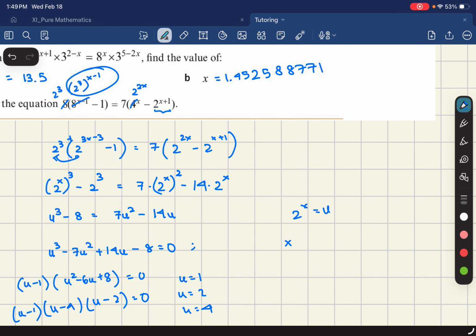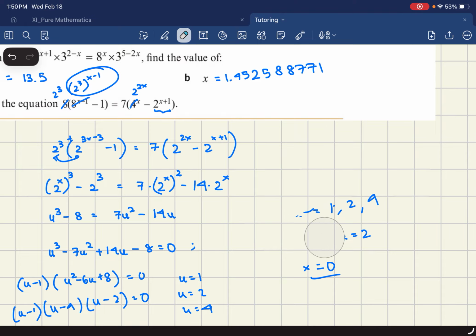So x can be 0, x can be 1, and x can be 2. Because when we solve it for 1, 2, and 4, well, 2 to the power 0 gives me 1, 2 to the power 1 gives me 2, and 2 to the power 2 gives me 4. So we have 3 solutions, 0, 1, and 2.